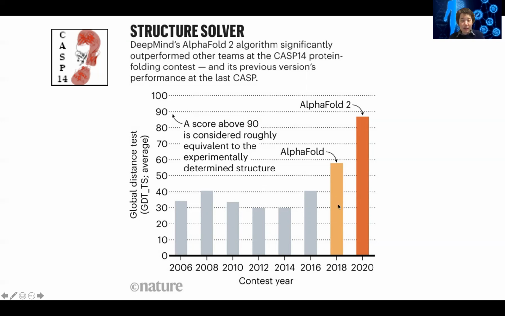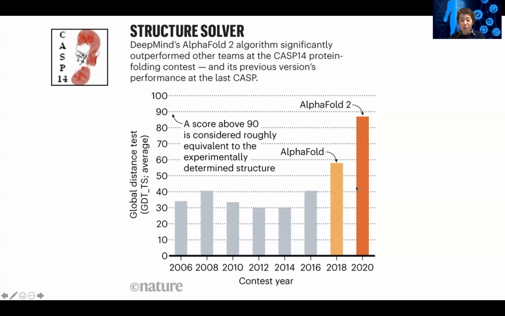And they joined the competition in 2018 and were a very clear winner and beat the second player by a lot. And you can see at that time, among all the predictions that it made, the average global distance test of all the structures it predicted is about 60, which was already much, much better than the second player.